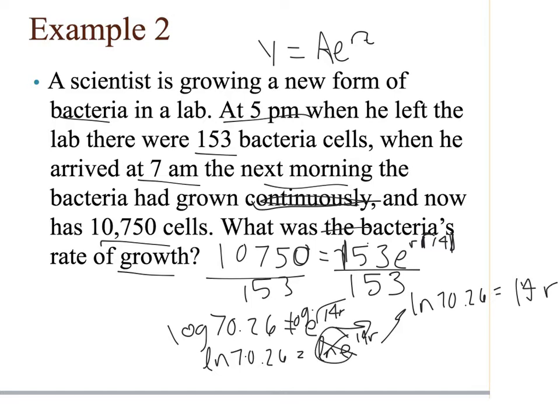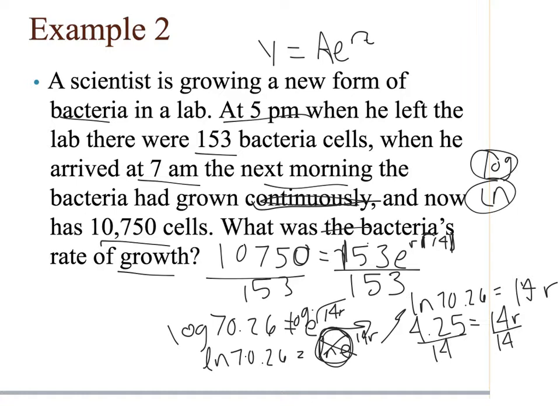This ln is very powerful in that it cancels out my e to a power. On your calculator, right below the log button is the ln button. So we type in ln of 70.26, and we get 4.25 equals 14r. Last step, divide by 14 on both sides.